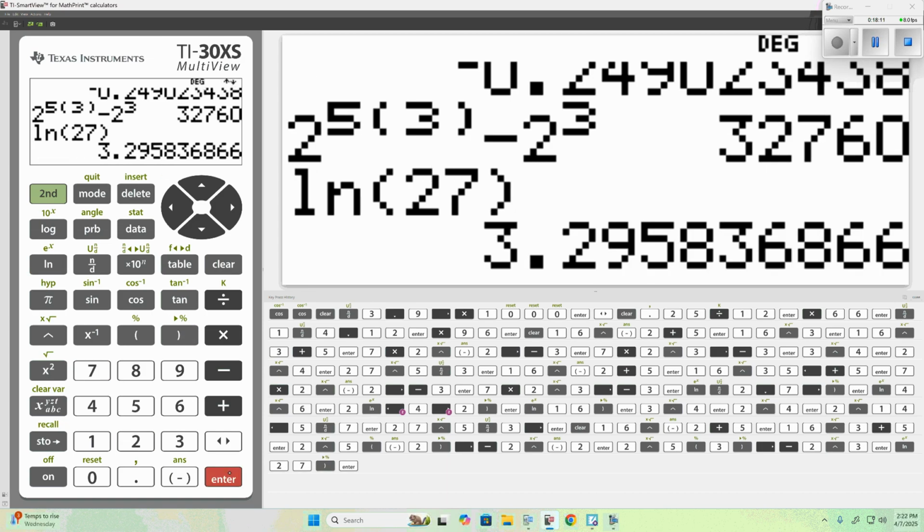We can just hit the natural log button. The yellow calculator has to be base 10, because the only way we can do other bases is with our change of base. 3.295836866. We'll round to 3 decimal places, 3.296.